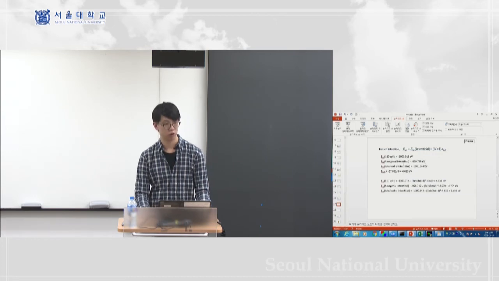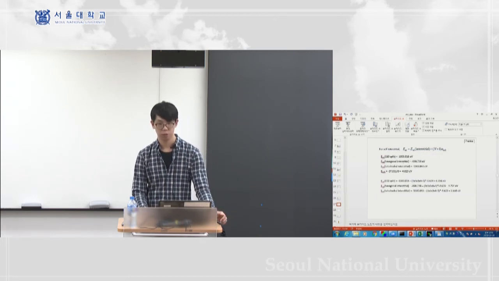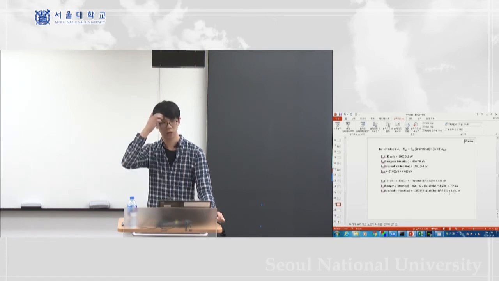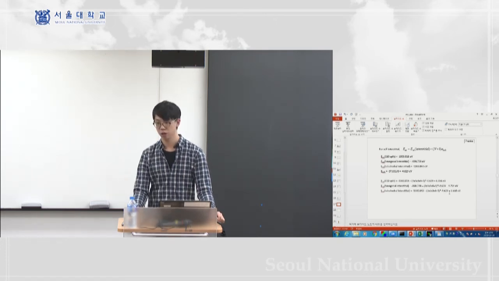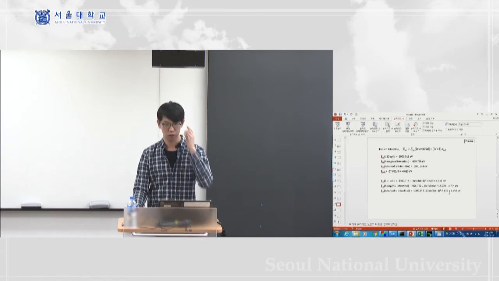So this is how you calculate the interstitial formation energy. And you can see that with the Tersoff potential, the hexagonal interstitial is the most stable one. Everybody follow?